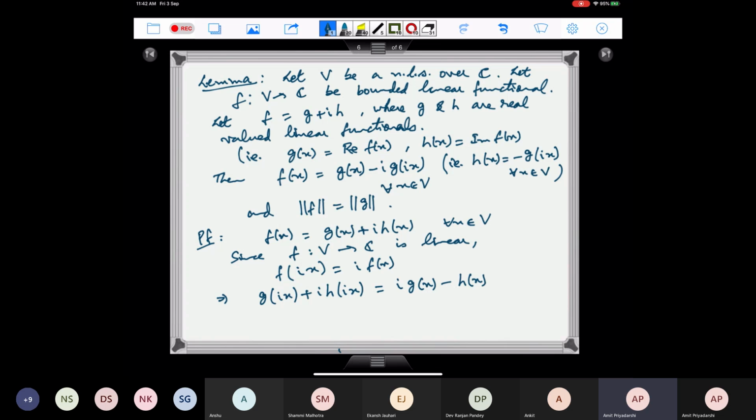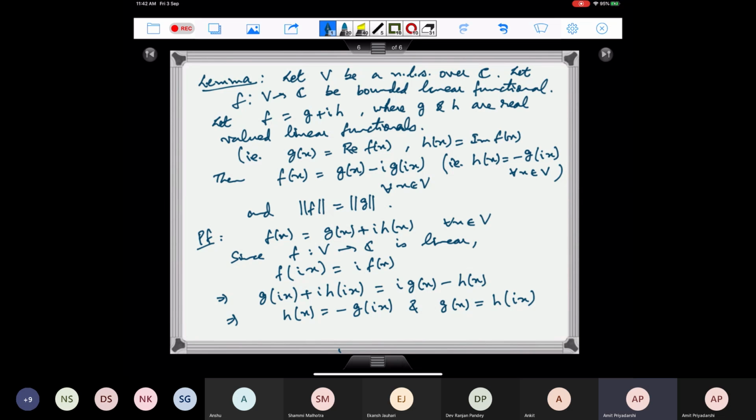And this g and h are real valued. So therefore, this will imply h(x) is equal to minus g of iota x and g(x) is equal to h of iota x. Of course, these two are equivalent.